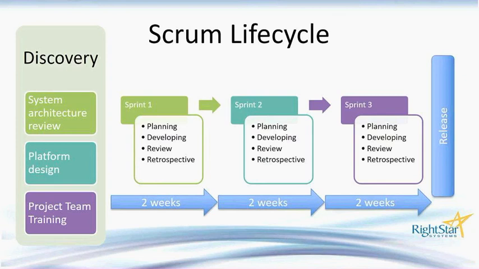And then the development team builds to those requirements, and at the end of the 2 weeks, there is a review with the business owner and a retrospective. What was done well? Is there any need for corrective action as we go into what we call the next sprint? So these 2-week periods are known as sprints.